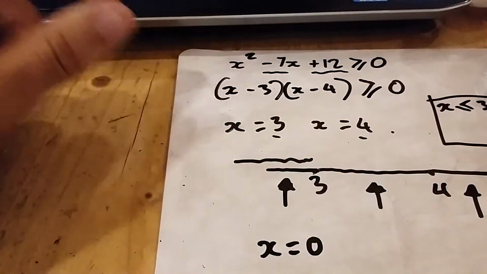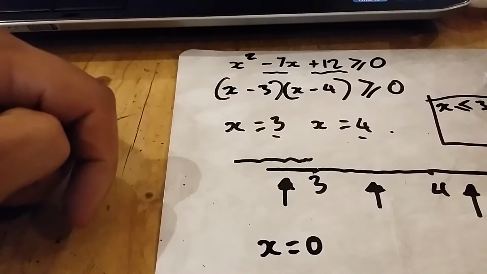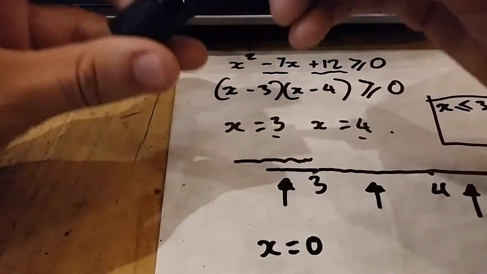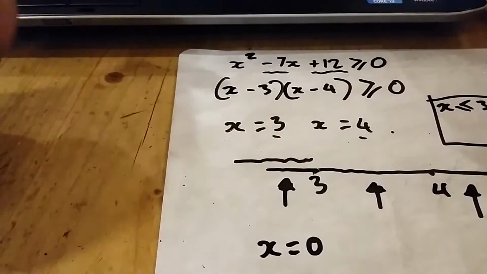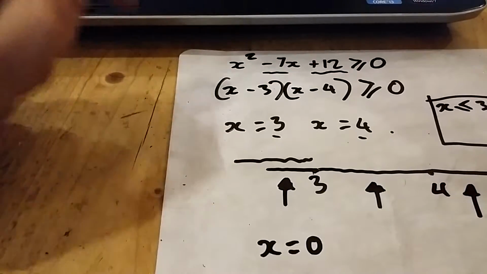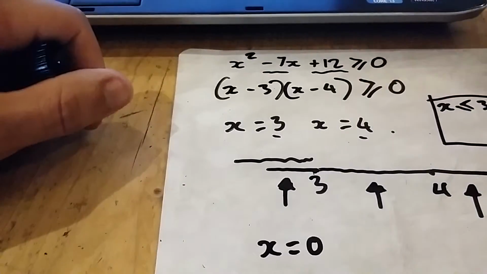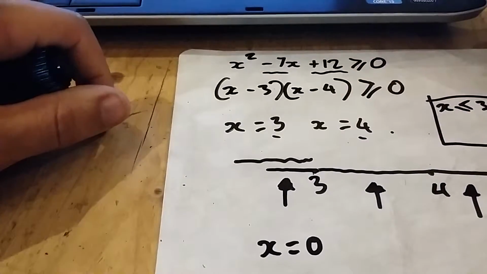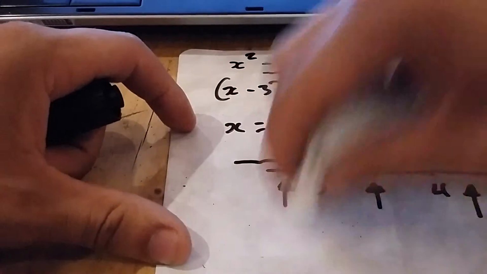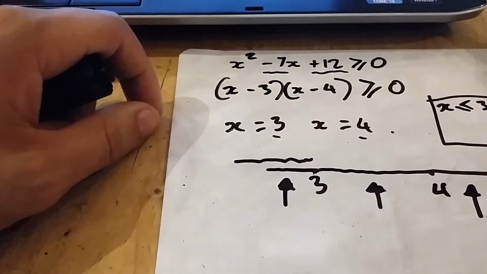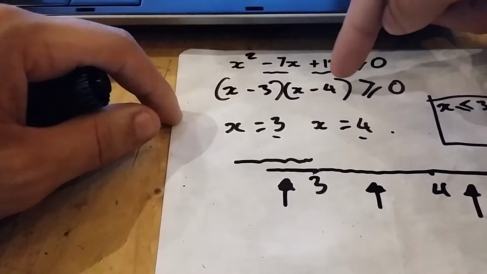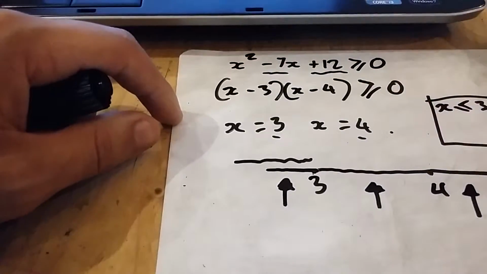Okay. Now let's pick a number which is between 3 and 4. Unfortunately we're going to have to pick a decimal, we can't pick an integer because there's no integers between 3 and 4. So let's pick 3.5, shall we? And if you want to avoid squaring 3.5, you can just put it into the factorized brackets here.